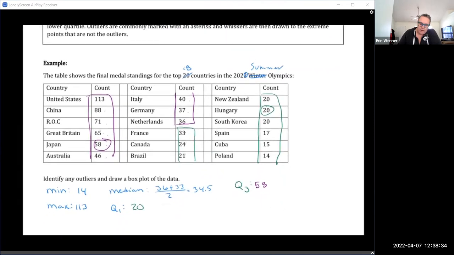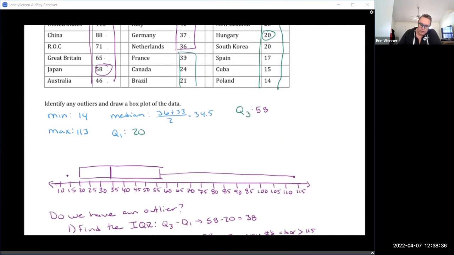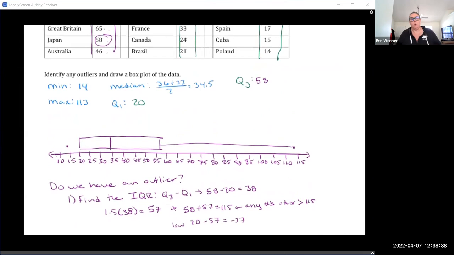So because we don't have any outliers, we don't have to worry, but what conclusions can we draw from this data? We can see that 50% of the data is very closely grouped together, right? Most of our countries did not earn over 35 medals in total. Because again, this is 50% of the data.